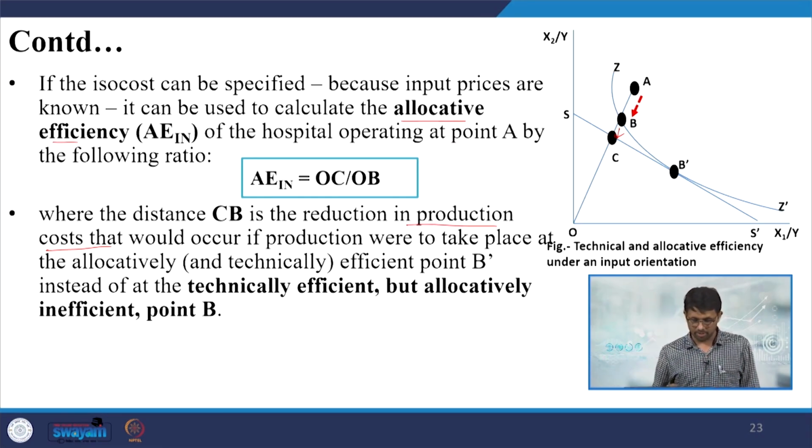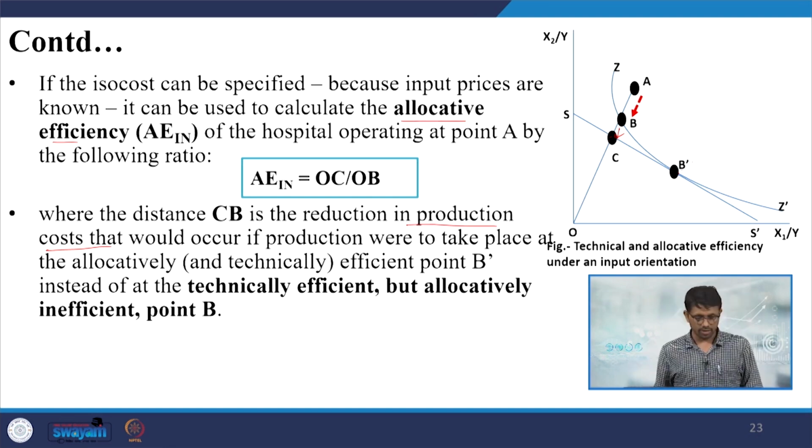So, allocatively efficient point, that is B prime. Since at B prime and at C we have already seen that the cost levels are the same, okay, they are on the same iso-cost line and the maximum production is also achieved.